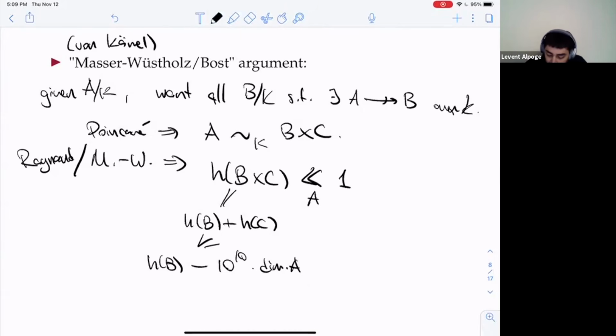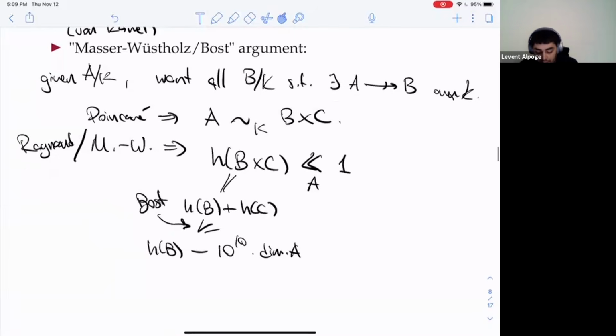So this is Bost. And what results is that you've bounded the height of B just in terms of A. There's two terms, and they both just depend on A. So the upshot is that you can find all the isogeny factors of a given abelian variety in finite time.